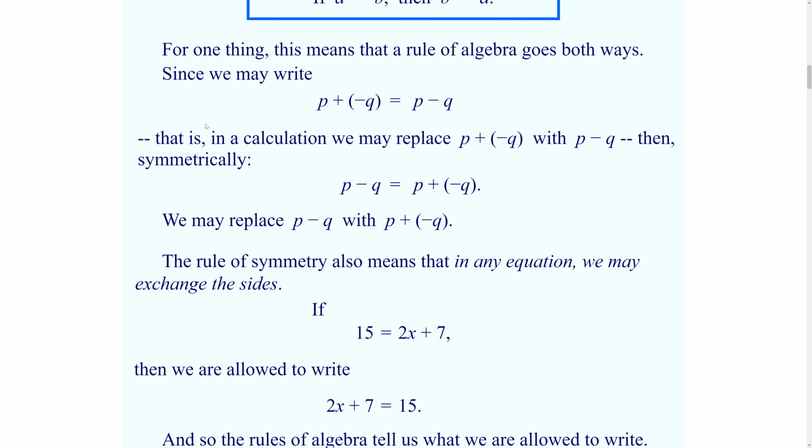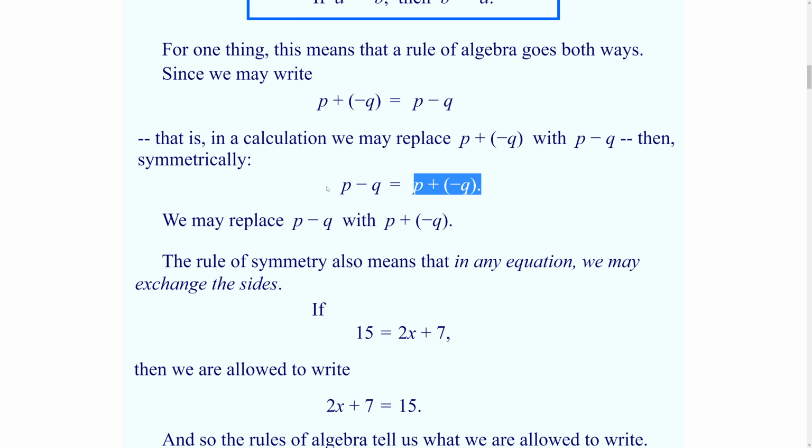And that is, in a calculation, we may replace P plus negative Q with P minus Q. Then symmetrically, this is important, P minus Q equals P plus negative Q. So we go back to where we started. We may replace P minus Q with P plus negative Q.